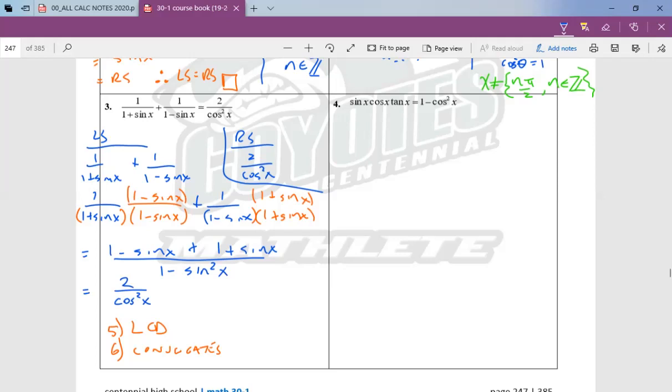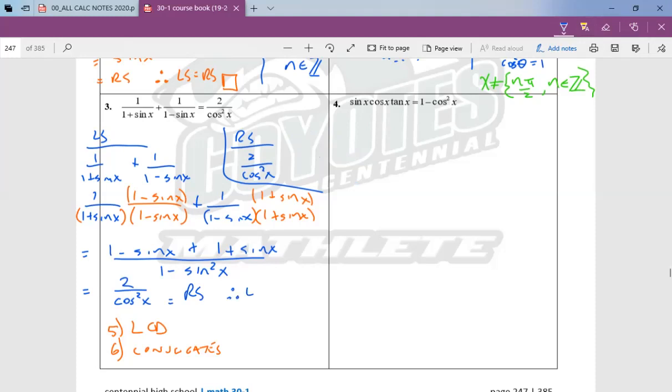If we didn't see that that was going on, we'd maybe have a look over here at the right side and realize, okay, I've created 2 in my numerator. Now what do I need to do in my denominator to make it look like this? We would clue into that, and that would point out that it's just one of our Pythagorean identities. And so therefore, this now is equal to my right side.